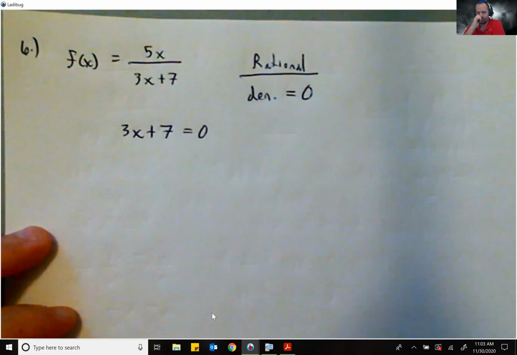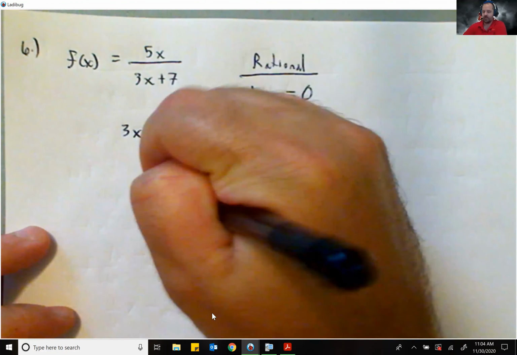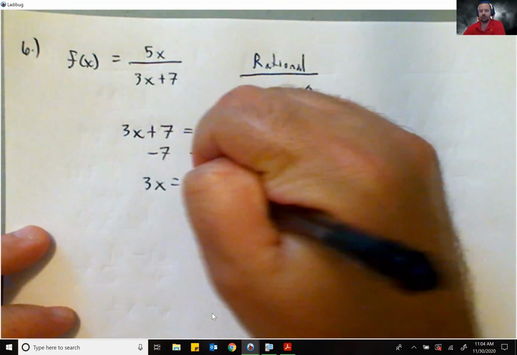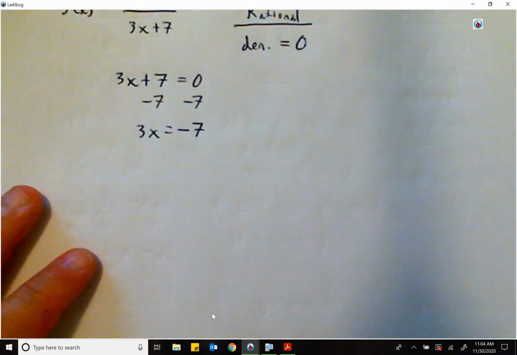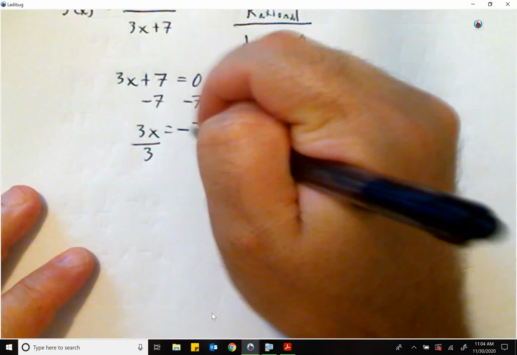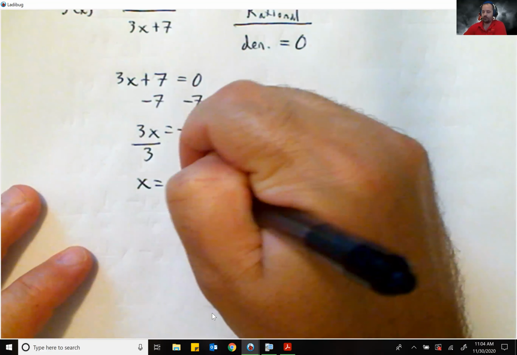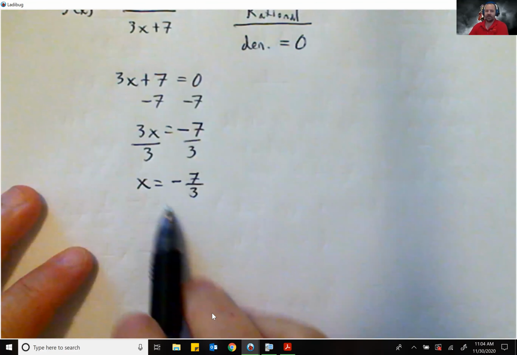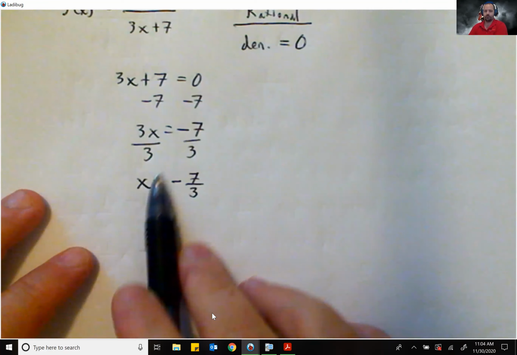All right, solve. What are we going to do? Subtract 7? Perfect. So 3x is equal to a negative 7. And then what? Divide by 3. Perfecto. Now, you know that the number we do not like is negative 7/3.